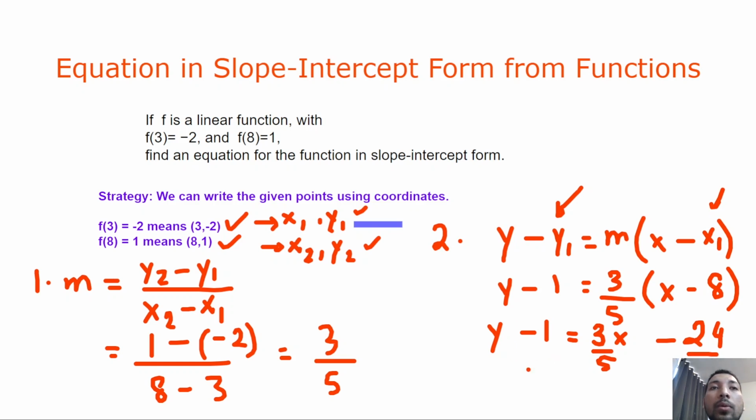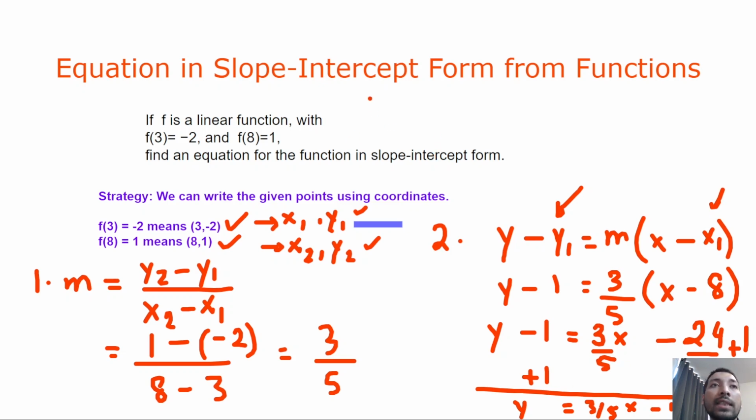Now to isolate the y, we simply add 1 on both sides. If we add 1 on both sides, we get y equals 3/5x minus 19/6.